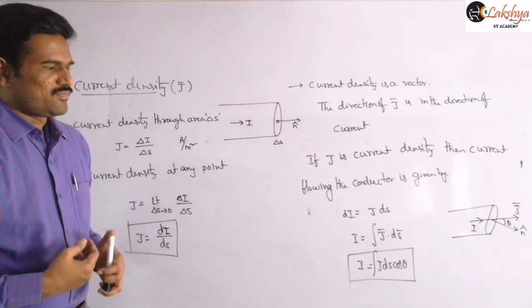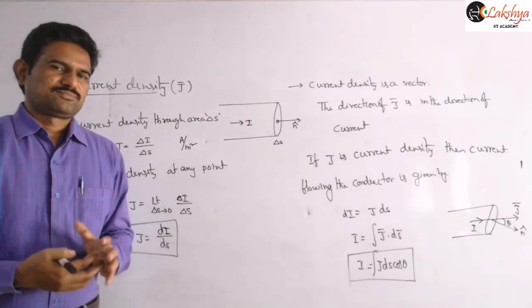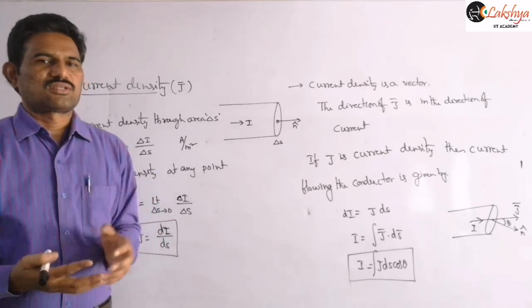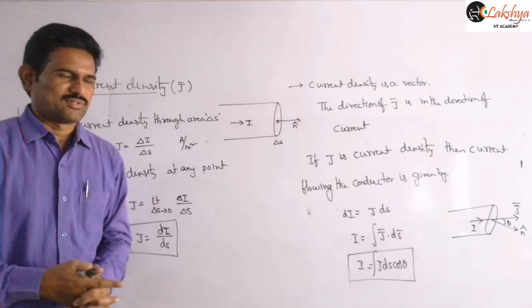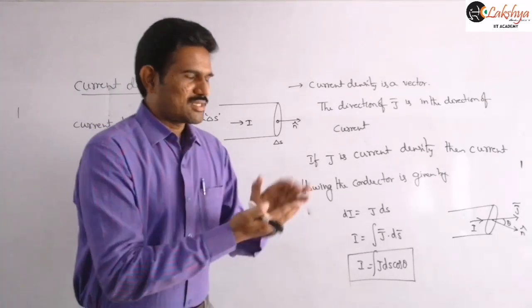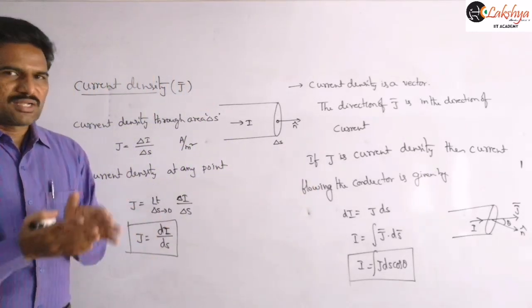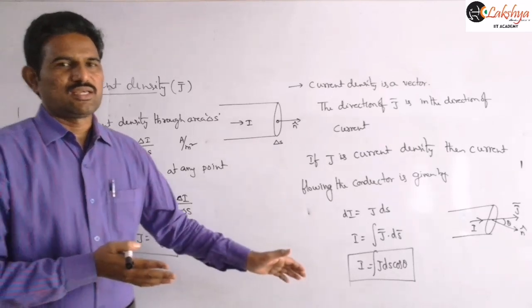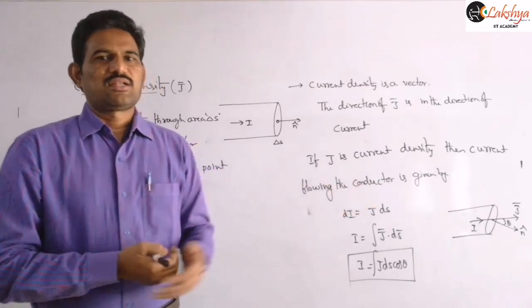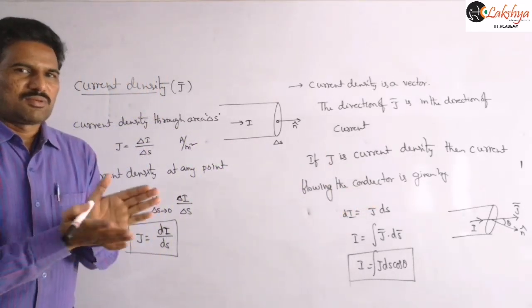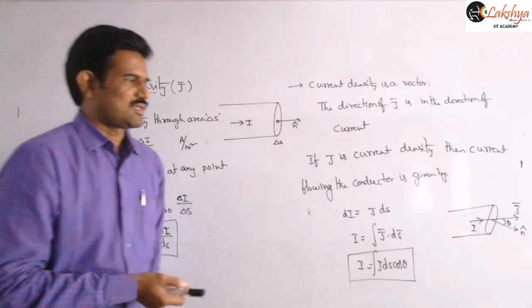So that is a way of finding the current if the current density is known to us. If the current density and area vector are in the same direction, then you can take it directly. Sometimes the area and current density are not in the same direction, there may be some angle between them, and in that case we consider it like this.